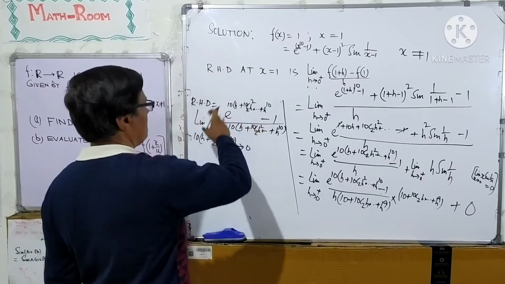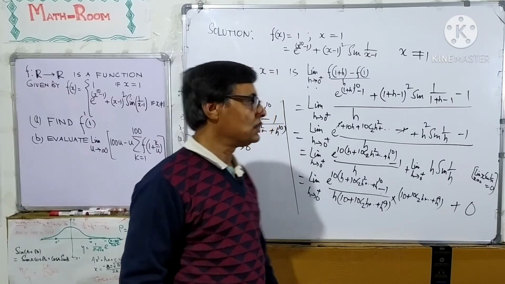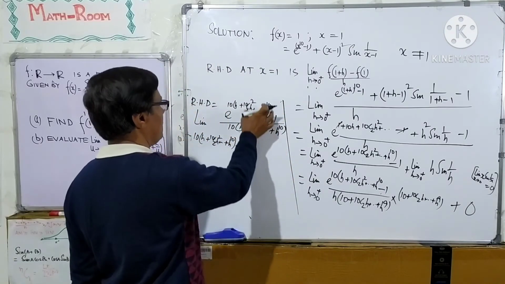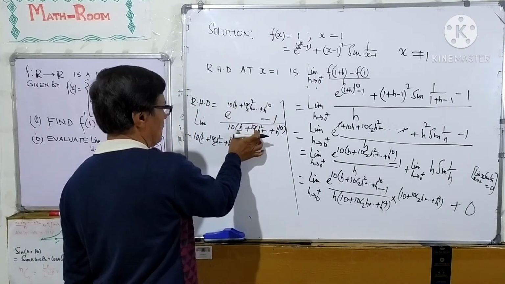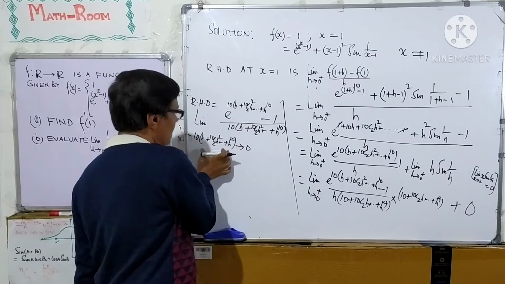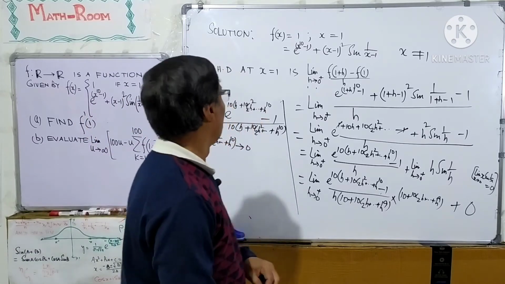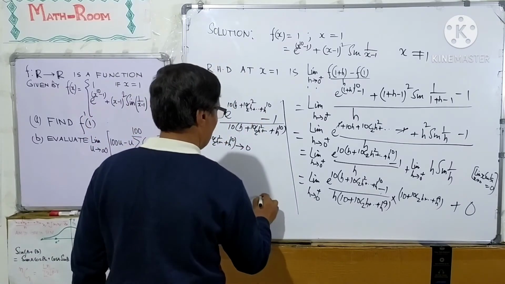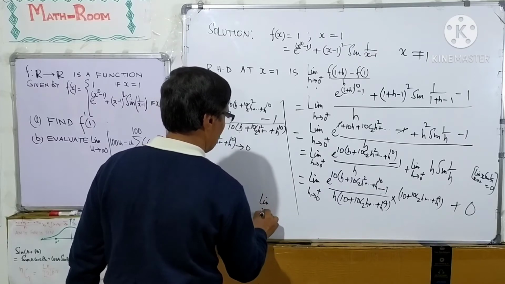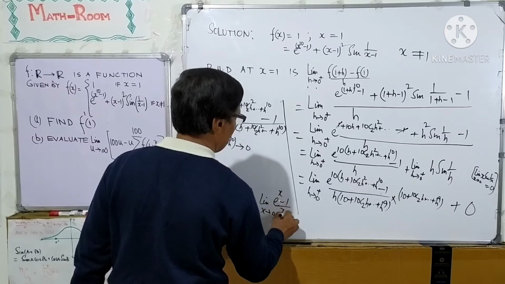So, this is in the form of limit x tends to 0 of e to the power x minus 1 over x. This is x, this is x. This is also well known to us: limit x tends to 0 of e to the power x minus 1 over x equals 1.